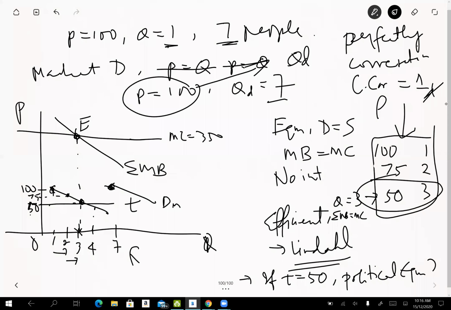You do the same process as we did for the first 3 units. So if Q equal to 4, what will be the voting outcome? Okay, Adura, what is the voting outcome? I'm not sure, sir, but I don't think everyone will vote yes.